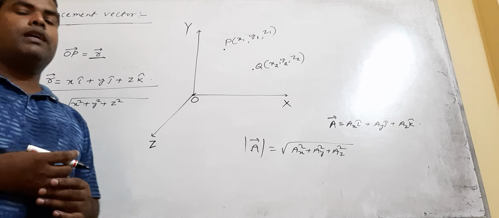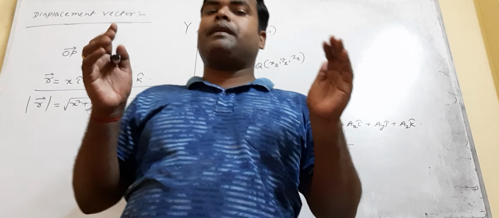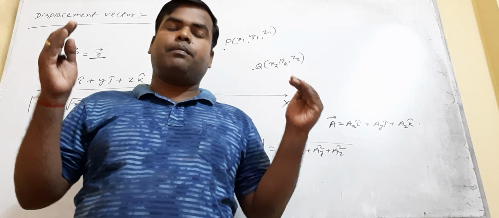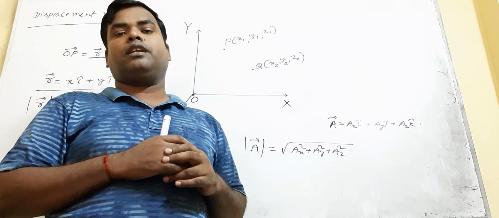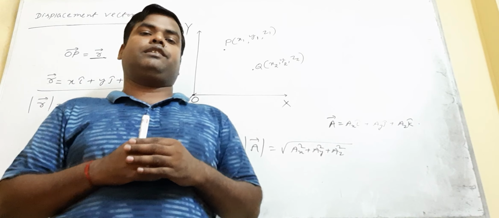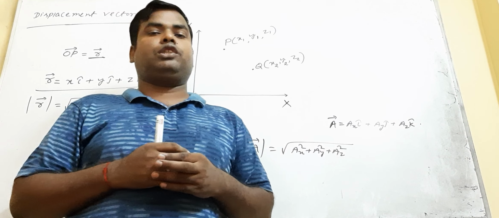So now, what is the displacement vector? You remember, the displacement vector is the vector that joins the final position and the initial position and is directed towards the final position.